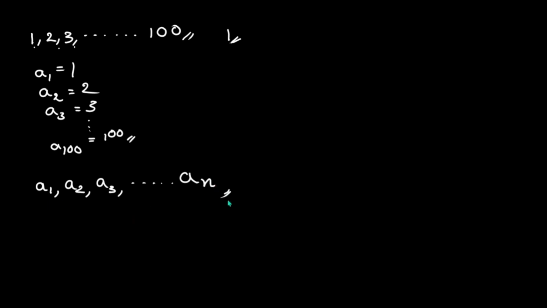So this arithmetic progression has n numbers. In this series, 1 to 100, what is n? n is equal to 100, since it has 100 numbers. So in the generalized form, the last term is represented with the suffix n.